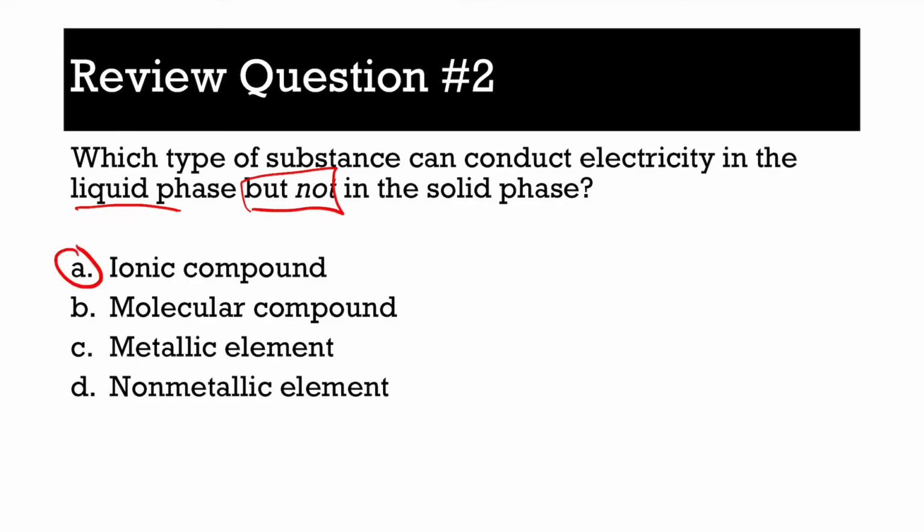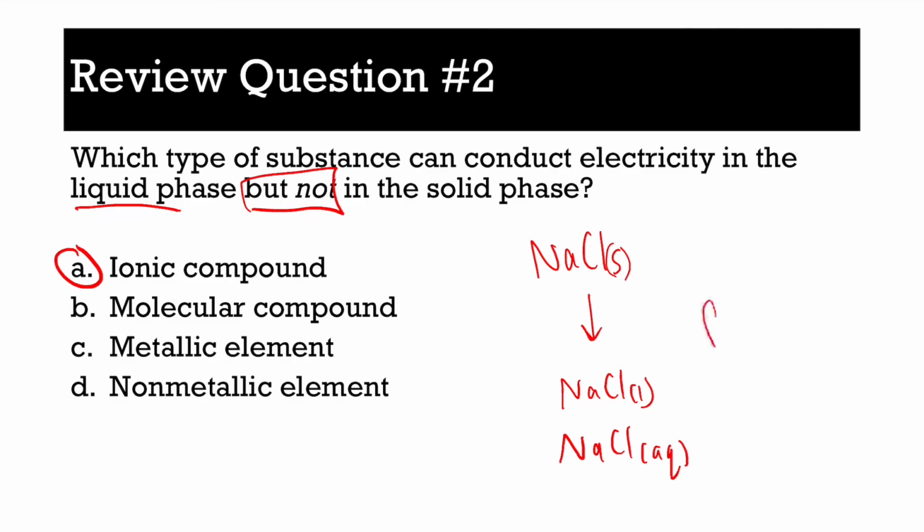Again, you should think ionic. And we haven't talked about the other stuff yet, but even when we do, ionic compounds in a solid cannot do anything. But if it is melted, so if it's a liquid, or if it's dissolved in water, AQ, then you have those free flowing ions.